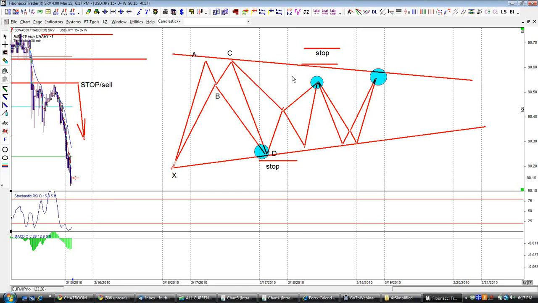The stop is almost twice as small, because you can see that from the entry to this stop and to the one that we actually were supposed to place the stop at, we're saving almost half of the distance. So those wedges traded with the patterns that we already know how to trade can give us very tight stops, good resistance, good risk reward.